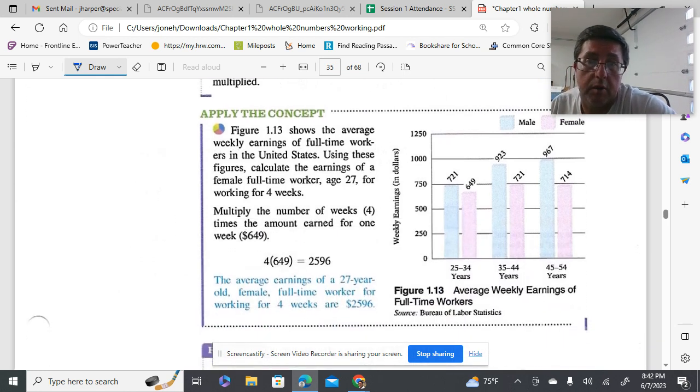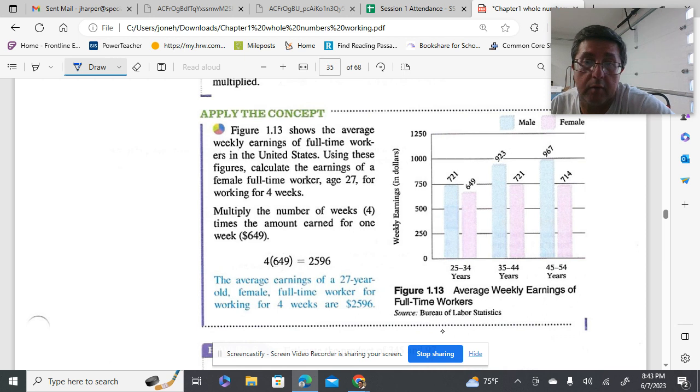So, apply the concept. Figure 1.13 shows the average weekly earnings of full-time workers in the United States. Using these figures, calculate the earnings of a female full-time worker age 27 for working for 4 weeks.